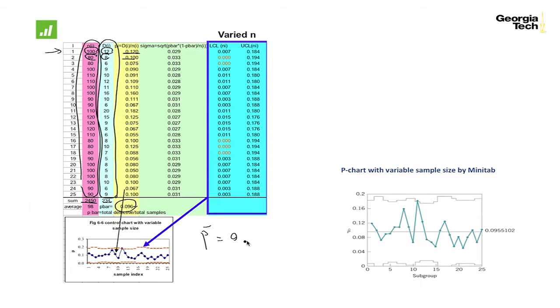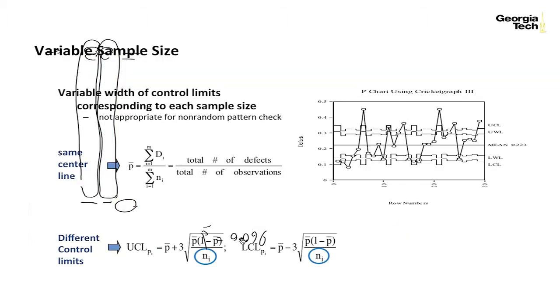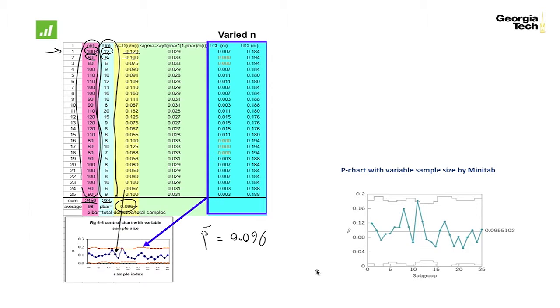So I have our p bar, which is the center line, and I use the equation that we had here for finding control limits for each sample separately. So for sample 1, this is the LCL and UCL, for sample 2, and so on. And as you can see, if the LCL is negative, we set it as 0.